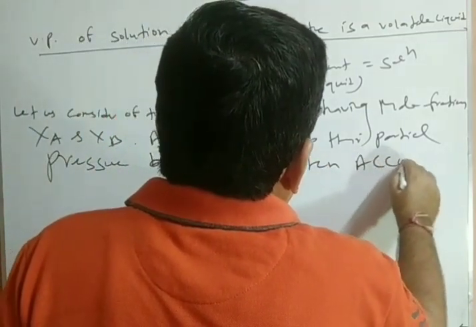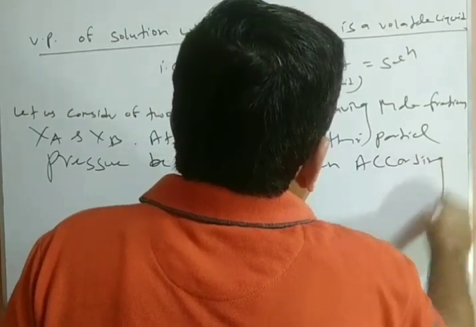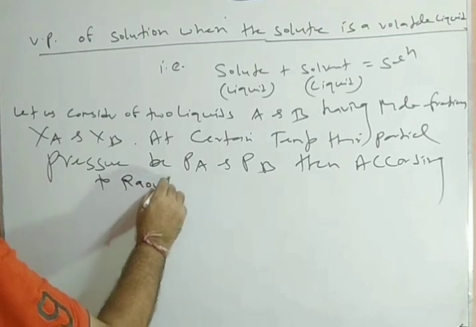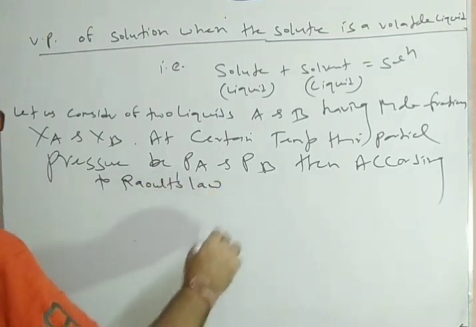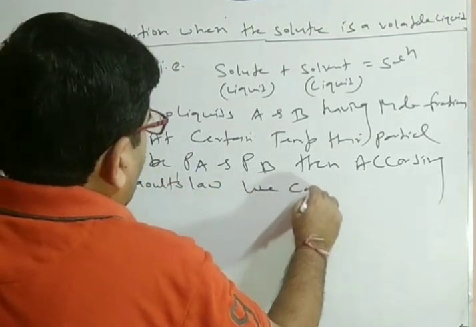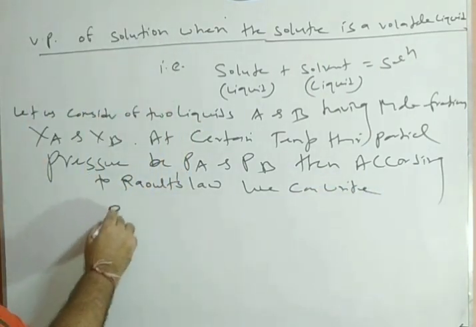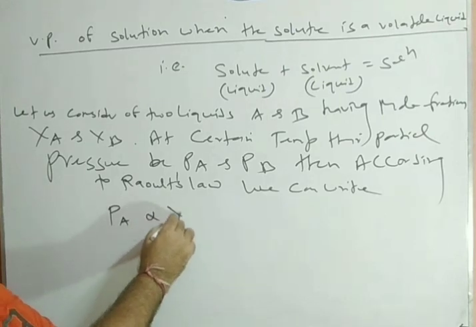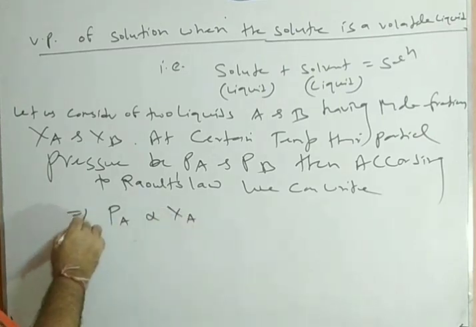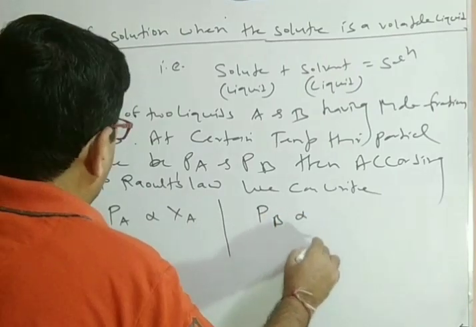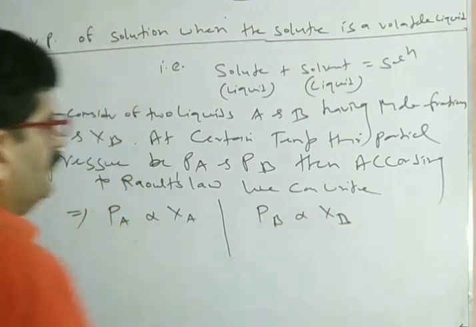Then, according to Raoult's law, we can write what? PA is proportional to XA. Similarly, PB is proportional to XB.